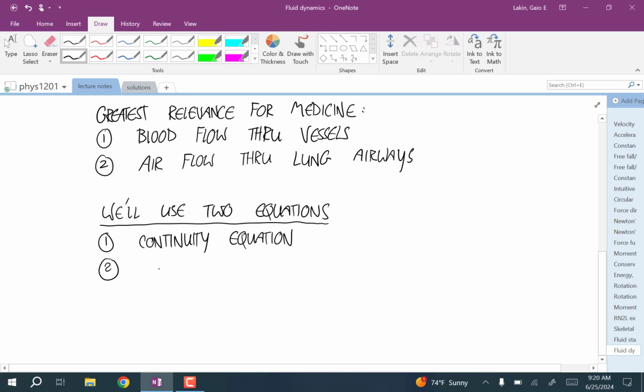And the second one is called the Bernoulli equation. So I'm going to start with the continuity equation, then I'll go to the Bernoulli equation and give you a couple of examples of how these are used.